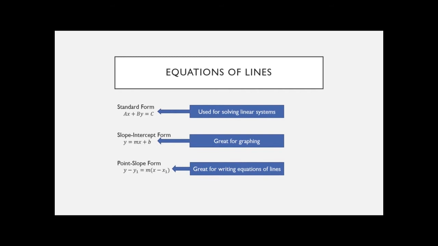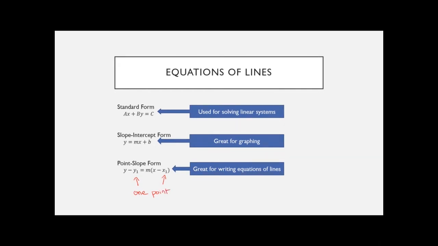And then the last one, which is from this section, is point slope form. And this is the best form when you have to write an equation of a line. So this is the recommended form. So it's y minus y1 equals m times x minus x1. The y1 and the x1, those come from 1 point.